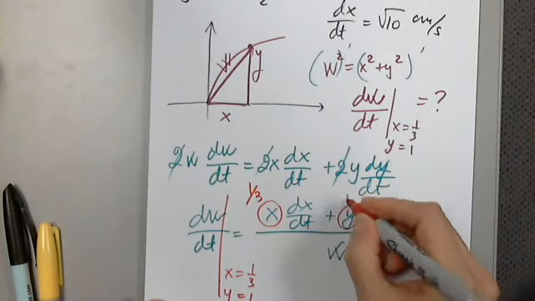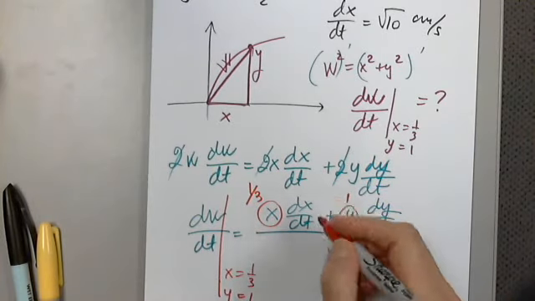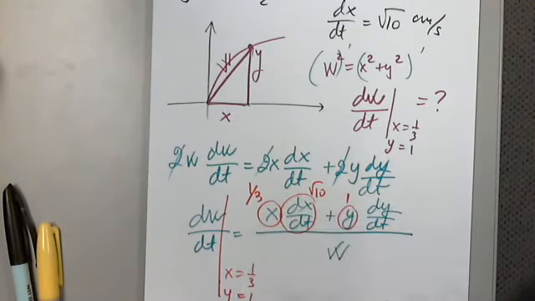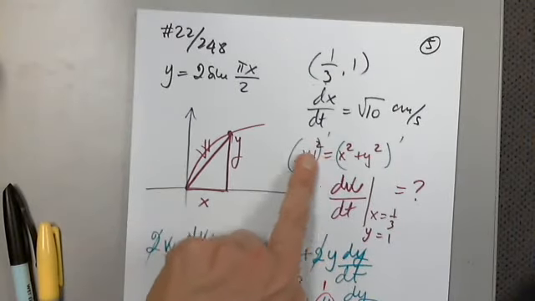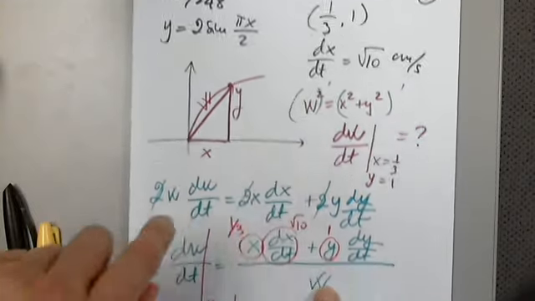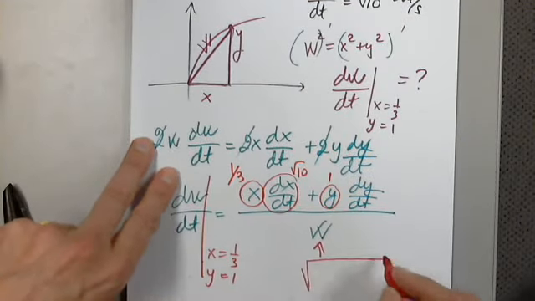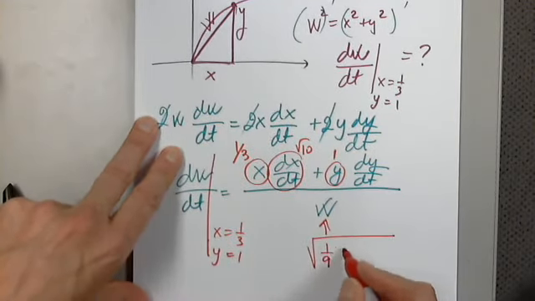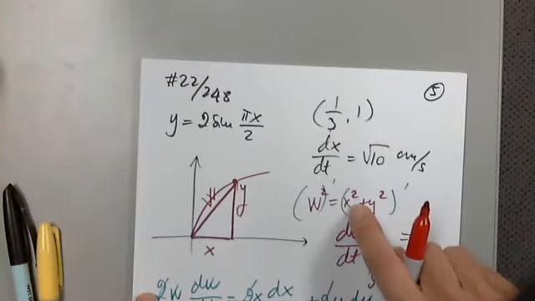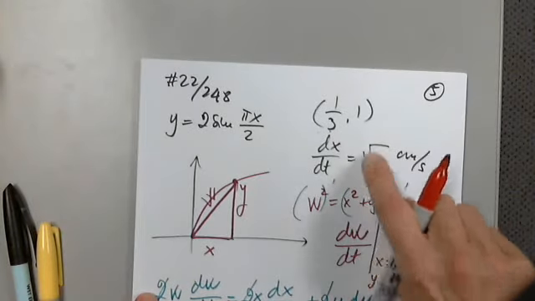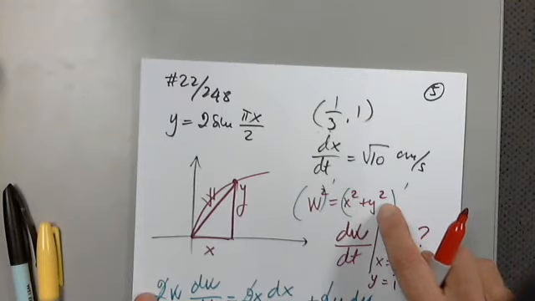We have y, which is 1. We have dx over dt, which is the square root of 10. I don't have a problem with determining w by taking the square root from both sides. So this is the square root of 1 over 9 plus 1 squared.